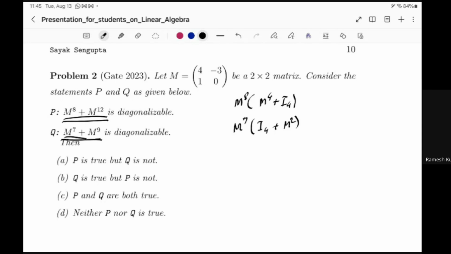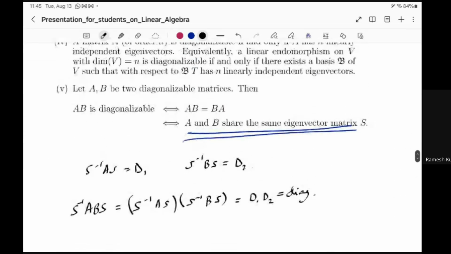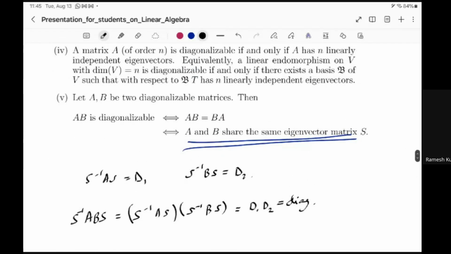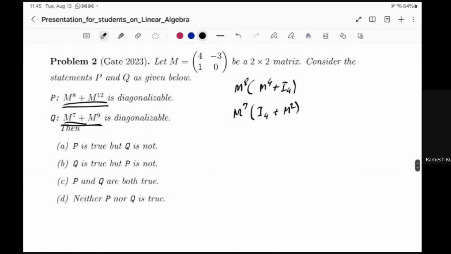Now, as I mentioned, M is a diagonalizable matrix. And since M commutes with itself, obviously, that means by this remark 5, M squared, M cubed, M to the 4, and so on, all the powers of M really are also diagonalizable. Okay, so in particular, this one right here and this one, both are diagonalizable. And you do have to check these two guys as well.